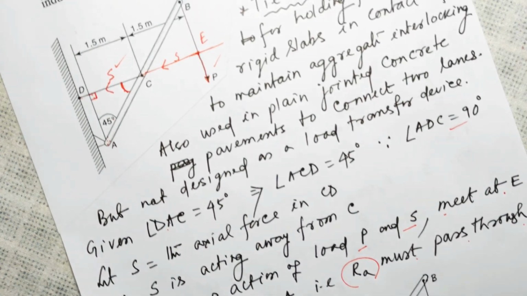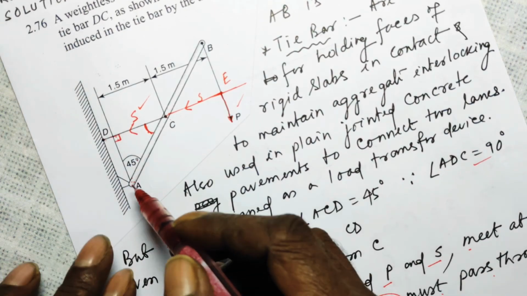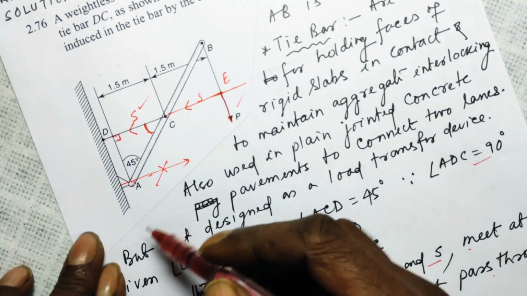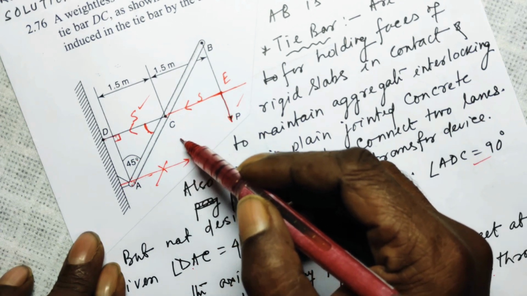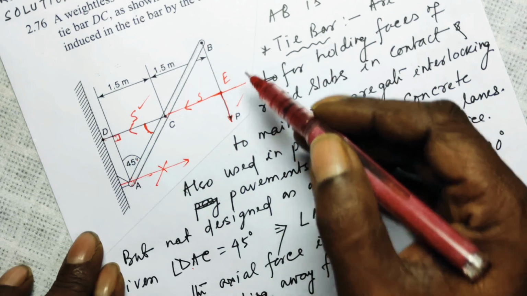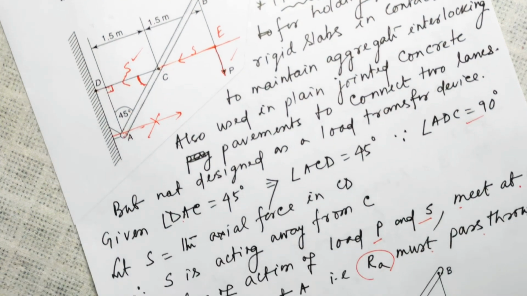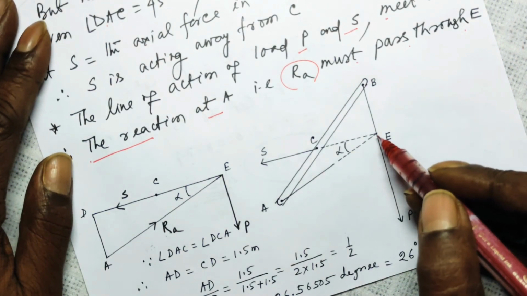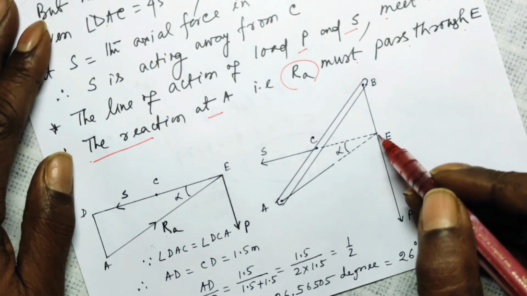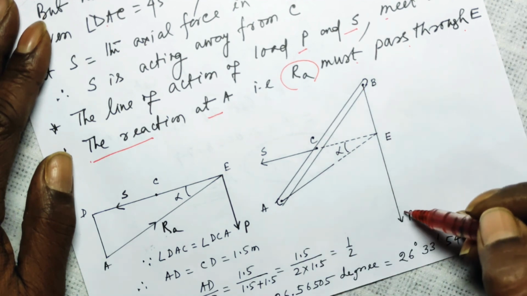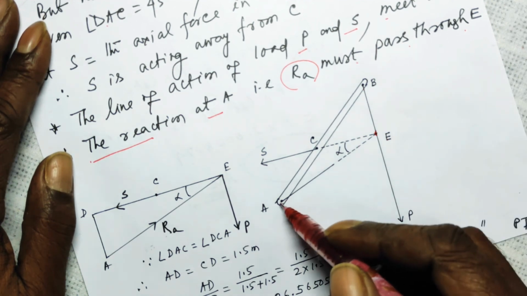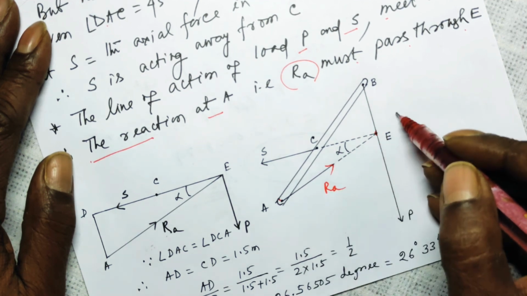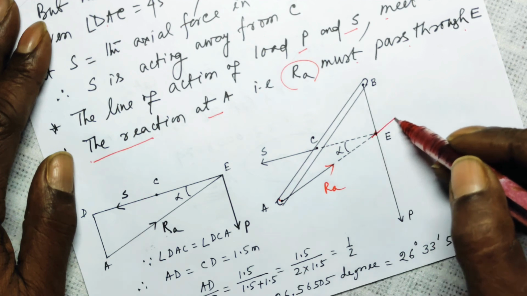Now, at this point, the reaction force is not to this side. It will be pointing in the direction of AE. So that is what I have explained here. So this is the point of intersection of the axial force S and the vertical load P. So the reaction developed at A, RA, should pass through the same point, meaning pointing to this side.